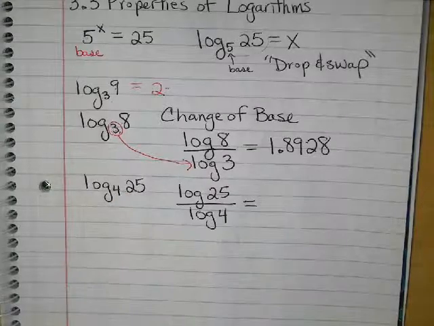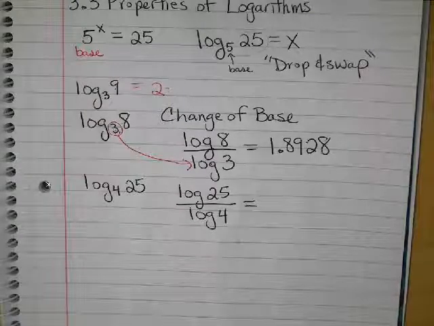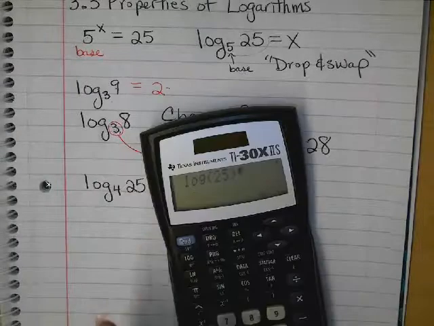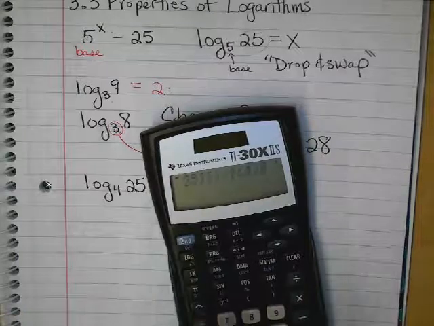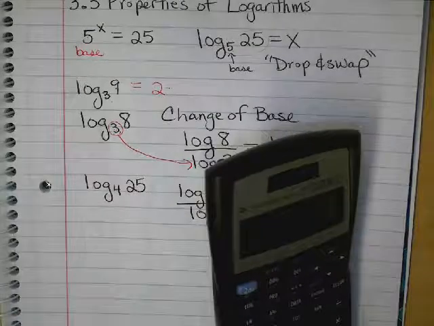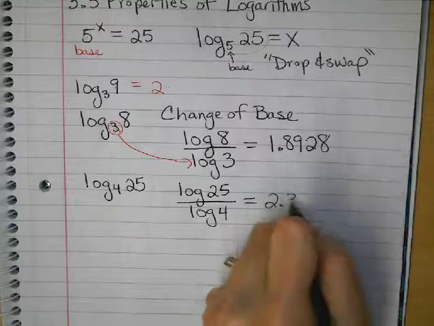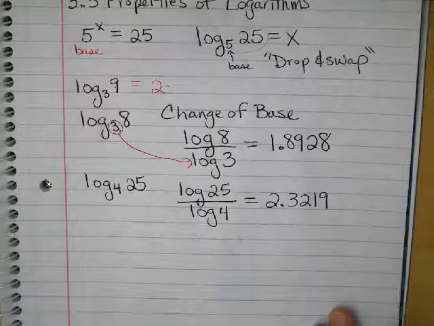So that's why the change of base formula is helpful. You type in log of 25, close your parentheses, divided by log 4. And it comes out to 2.3219.